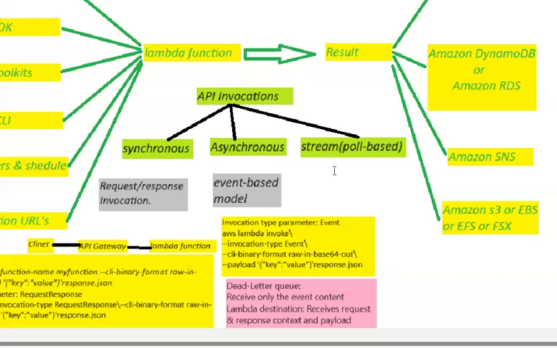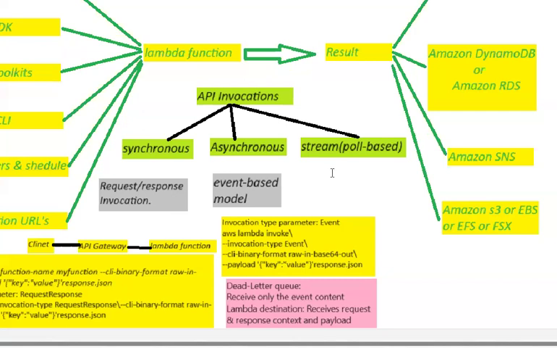This model of invocation will filter the invocation, and then only it will send the data to the Lambda function based on message mapping.